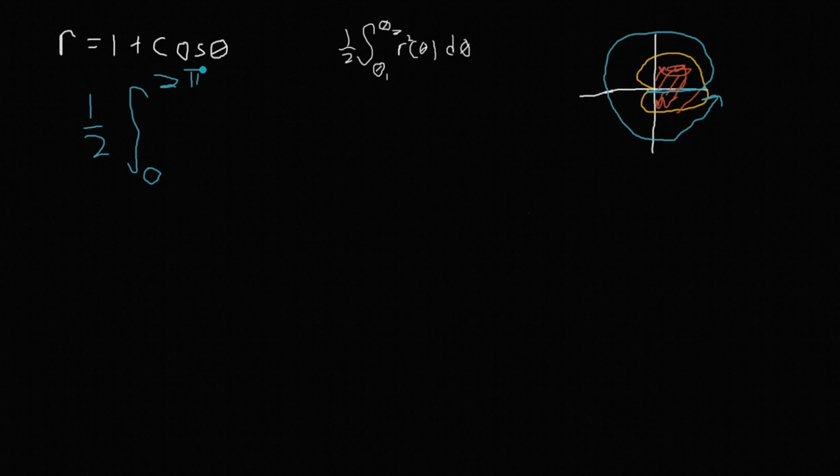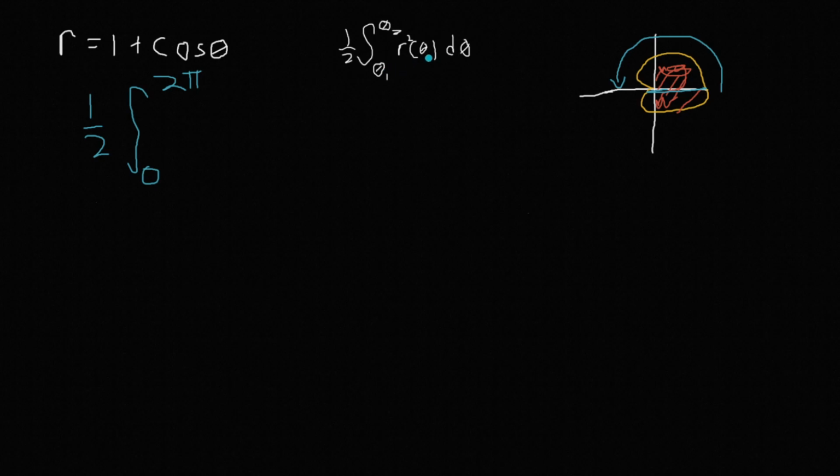You could also work it with the idea of symmetry. We know that we can just go from 0 to pi, and this area is the same as this area. And then we could just multiply it by 2 at that point, but I will leave it at the 2 pi.